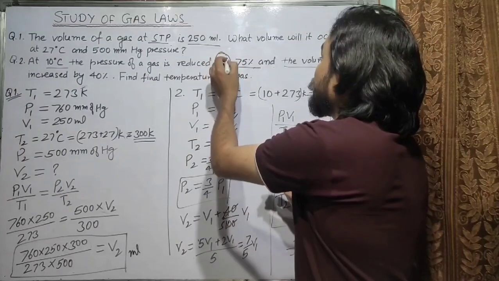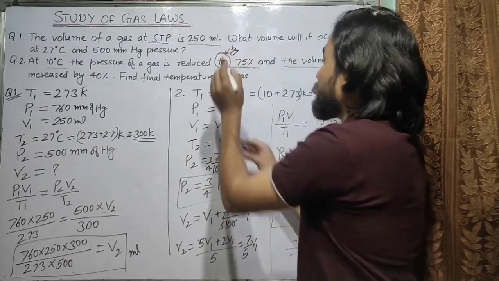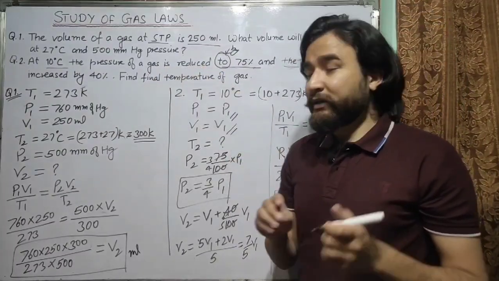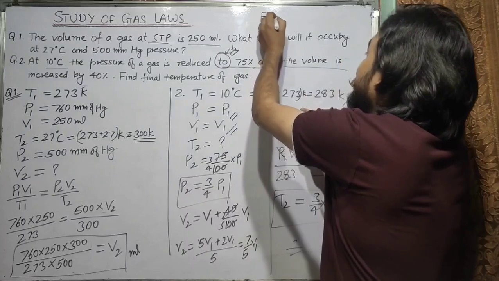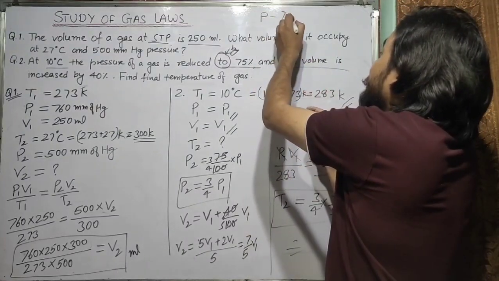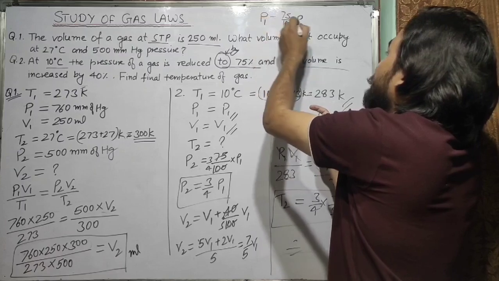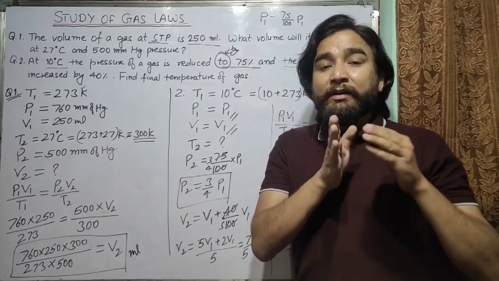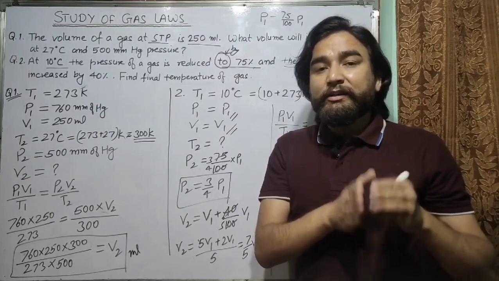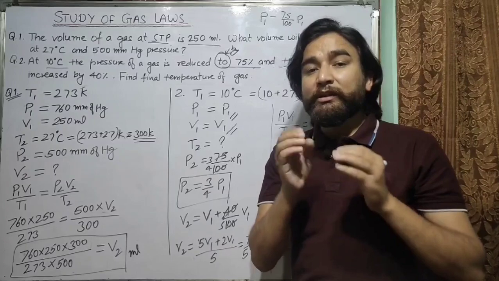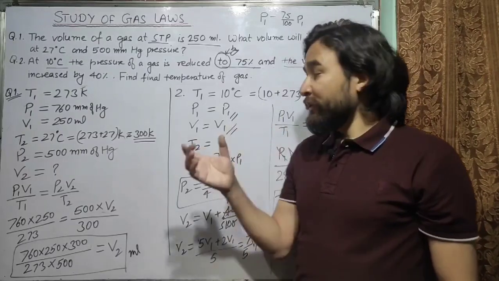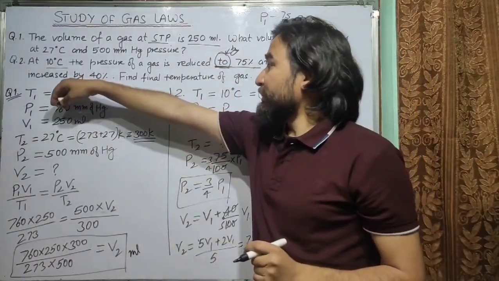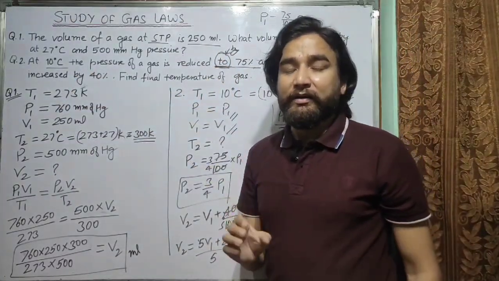Now instead of to, if it says by, so if pressure of a gas is reduced by 75%, then the new pressure will be P1 minus 75 by 100 into P1, because we have decreased the pressure by 75%. Therefore the new pressure will become 25% of the previous pressure. So this is the difference between reduced to or reduced by, or similarly increased to or increased by.